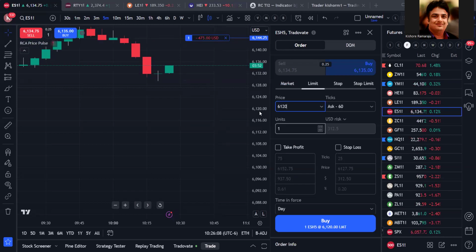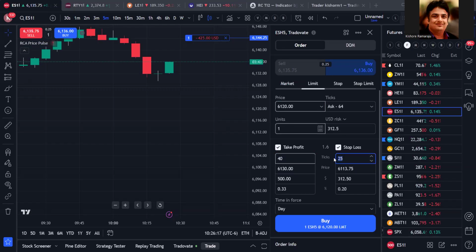If it goes to 6120, I want to buy it. I want to take some 40 ticks profit. If it goes down by 20 ticks, I want to take a stop loss. Like that, if you see some big buy order block at 6120, then you can create a limit order.